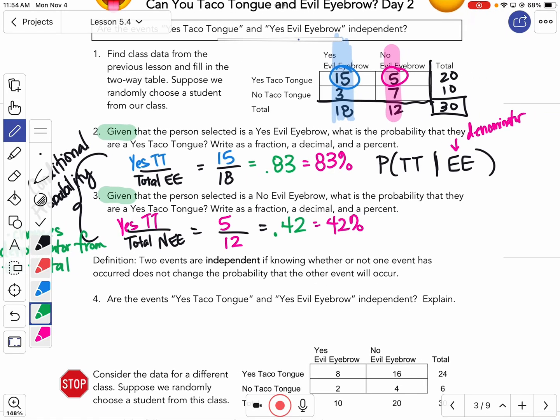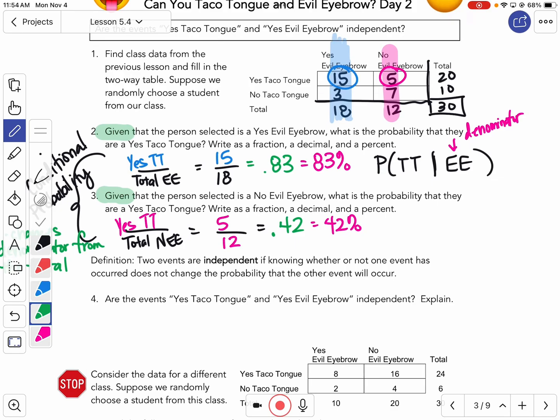The first one comes from that second group, so it can't be outside that group. It has to come from that group. That bar means given.